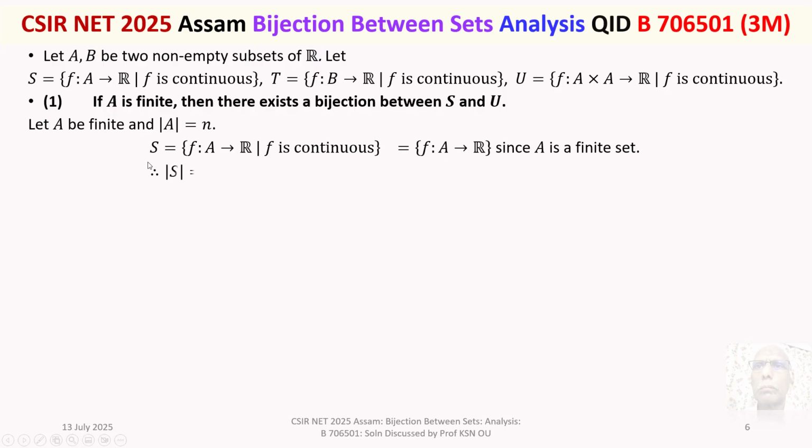Now, what will be the cardinality of S? Cardinality of S is cardinality of R to the power of cardinality of A. Yes, this is what we have learnt in our intermediate.